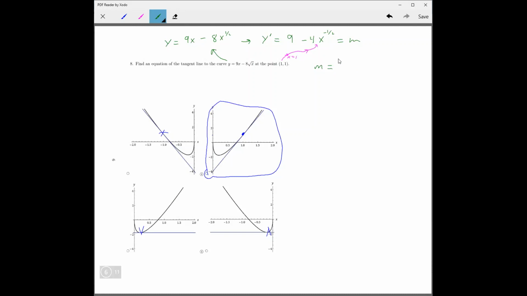So if you set x equal to 1, then we get 9 minus 4 times 1 to the negative 1/2. That's setting x equal to 1. And that's just going to be 5 because this is just 1 over the square root of 1, which is just going to be 1. So 9 minus 4 is 5.